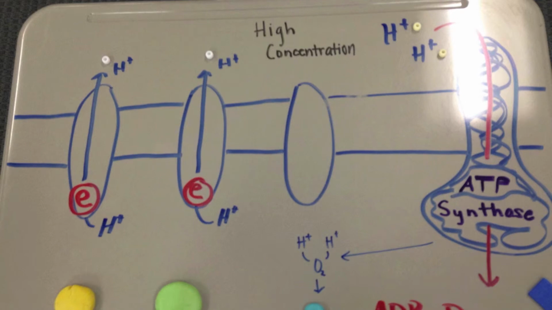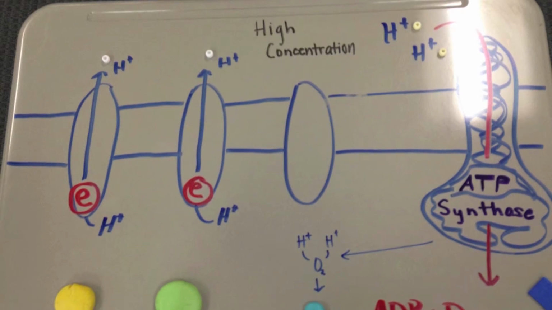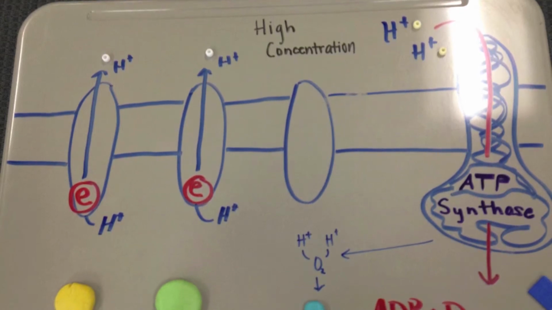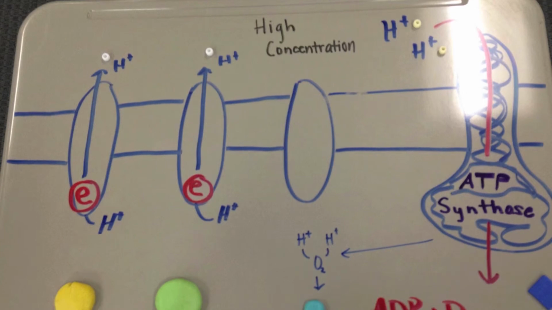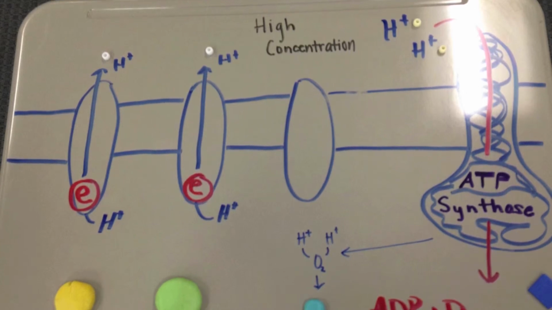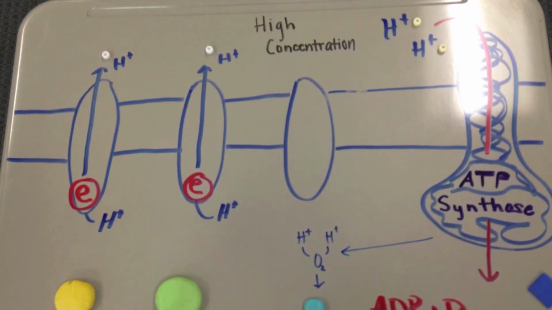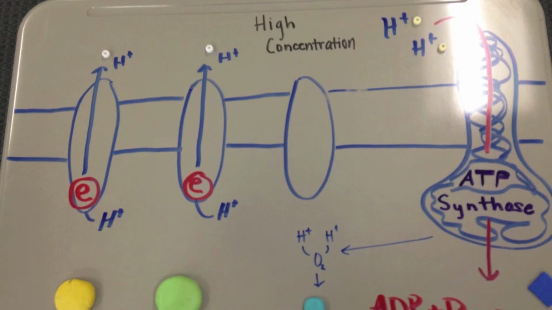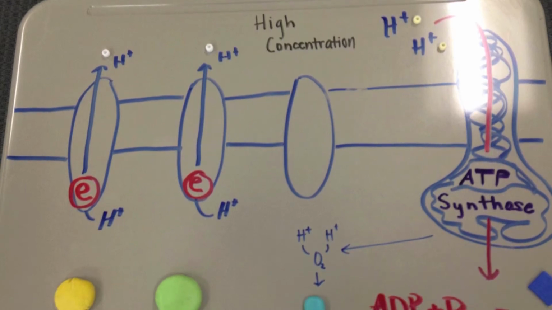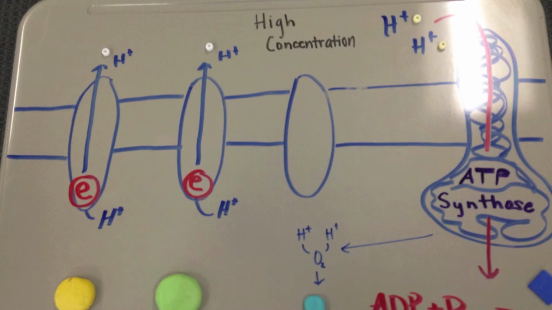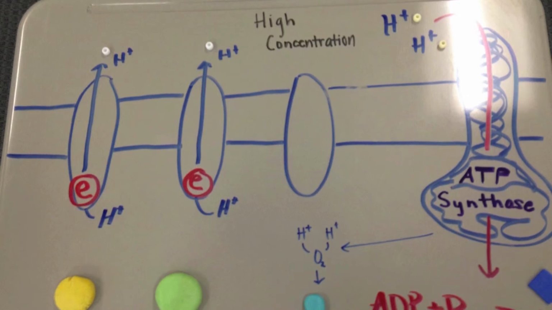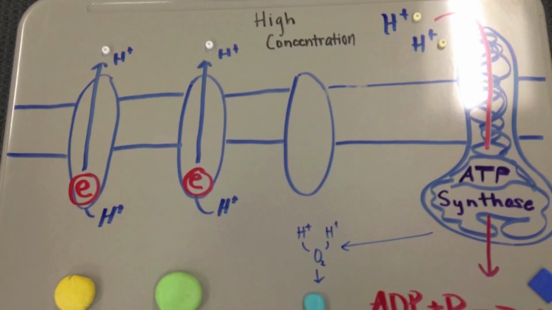So the third and final step of cellular respiration is called electron transport. Electron transport is occurring on the inner membrane of the mitochondria. First here we have the NADH and the FADH.